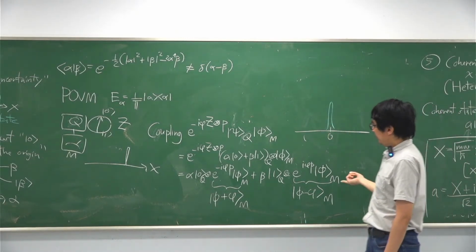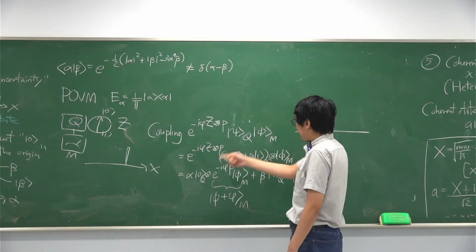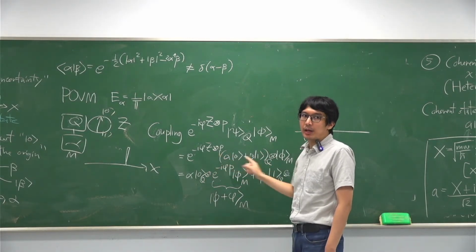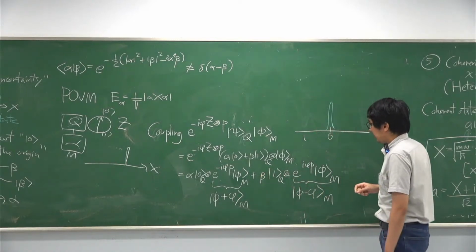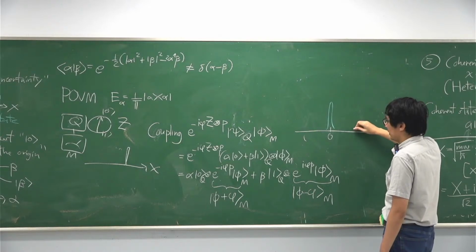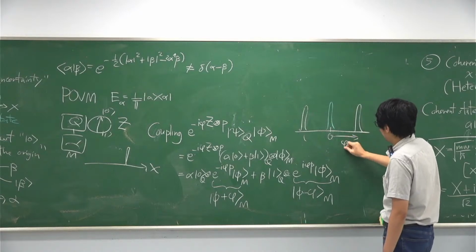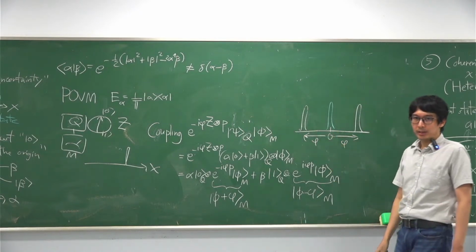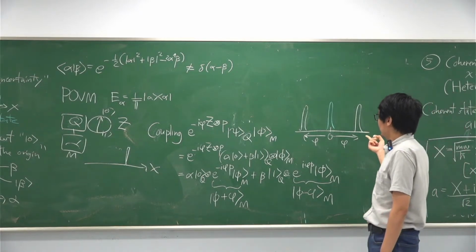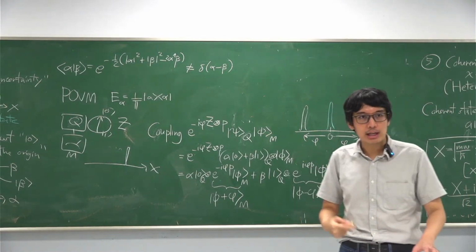Then depending on the coefficients alpha and beta, you have probability alpha squared or beta squared to detect the meter pointing over here or over here, right? So now if we measure the meter, then we know the outcome of the spin measurement.